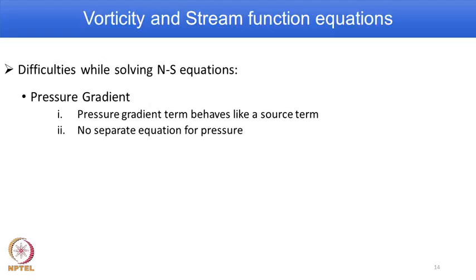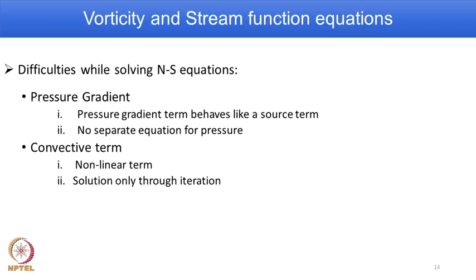So, this pressure gradient term behaves like a source term, and as you have observed, we have a continuity equation and we have three momentum equations. The primary variables u, v, w are there in these 4 equations, but there is no separate equation for pressure, whereas the pressure is appearing in all the 3 equations.